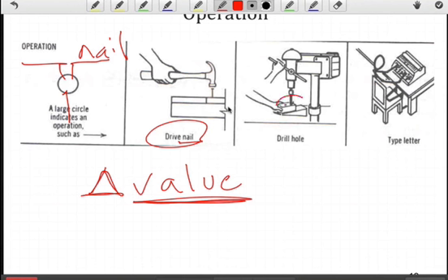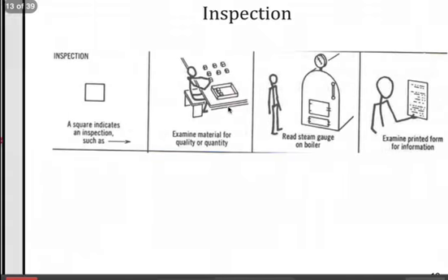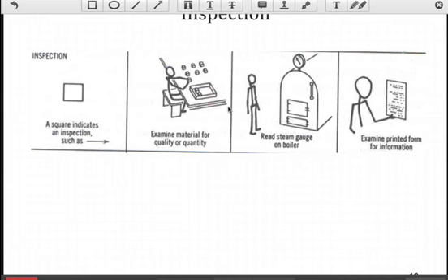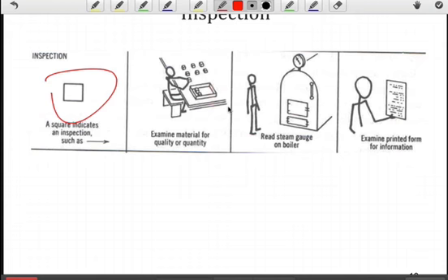So I'm drilling a hole here where we are removing material, and therefore we see a change in value. Or you're typing a letter, you're creating content, you're producing something, so there's a change in value. That would be considered an operation. For inspection, we have a non-value adding operation, essentially, where we are looking at this product and we're doing some type of assessment to determine the quality or quantity that was produced.